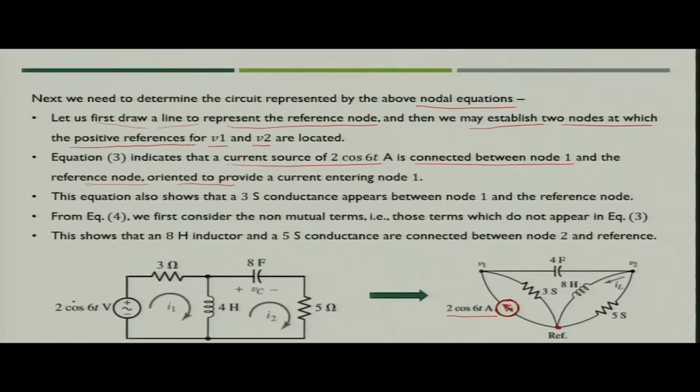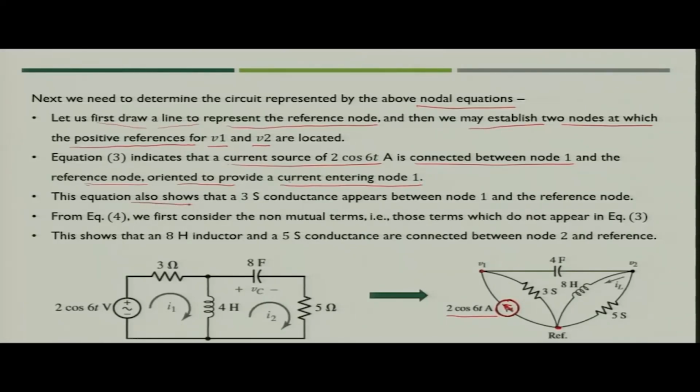If you see the voltage, this voltage is giving positive current, that is, current in the same direction which we have assumed for I1. If this is the case, then the corresponding dual current source would be giving current to the node. So, the current source has its direction going into node V1; the current would be entering node 1.